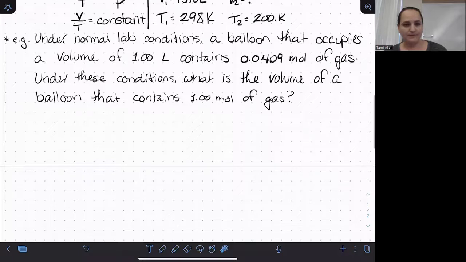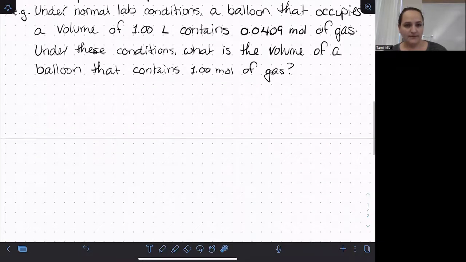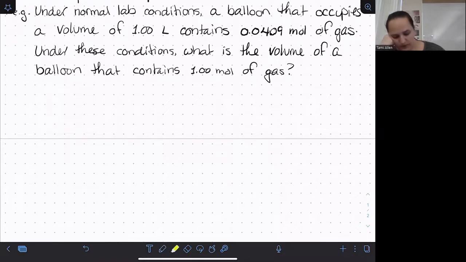Alrighty, so we have slightly different things going on here in terms of what is changing. We are told that 1 liter of gas contains this number of moles under normal lab conditions, whatever that means. We weren't given specific temperature and pressure conditions, but that's fine, we don't need them.